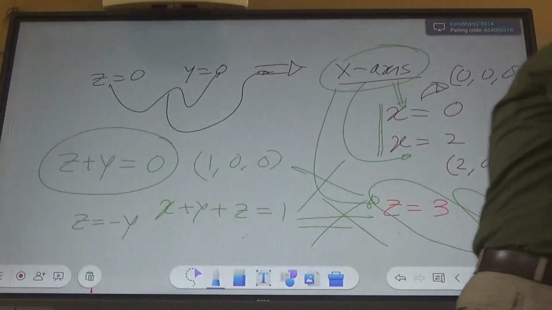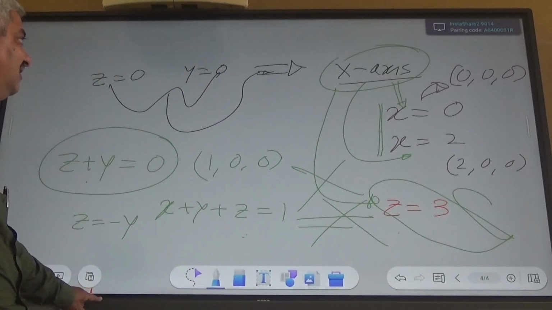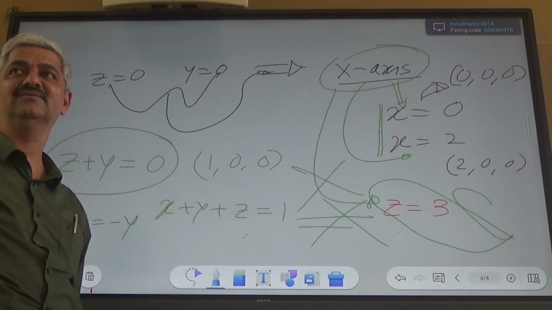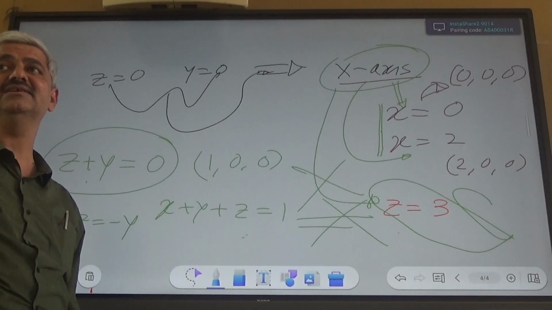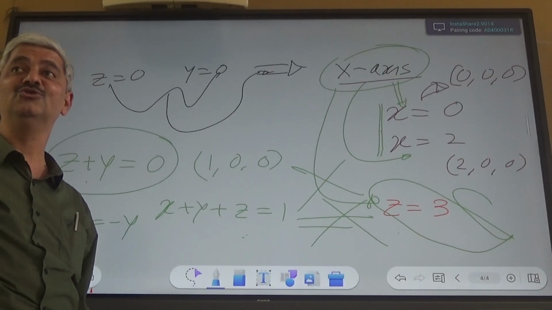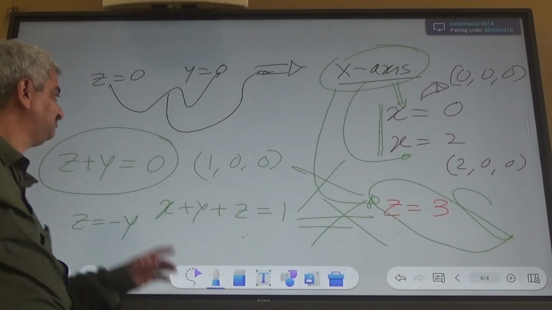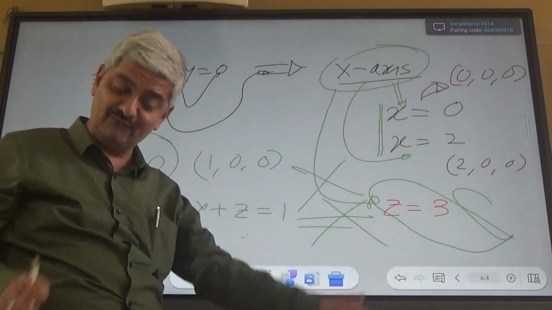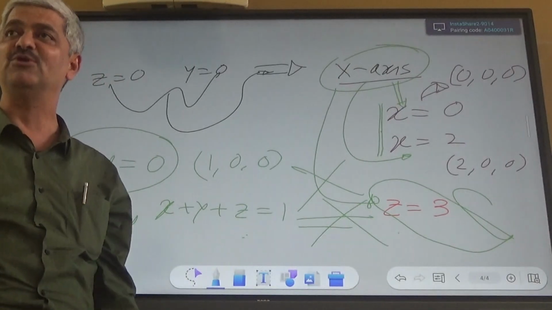Now z plus y equal to 0 and the x-axis, what will happen? Are they consistent? Yes. But do they provide a unique solution? No. Infinite solutions. म्हणजे काय? A line. When in 3D, when I have one line and one plane, there are three possibilities.